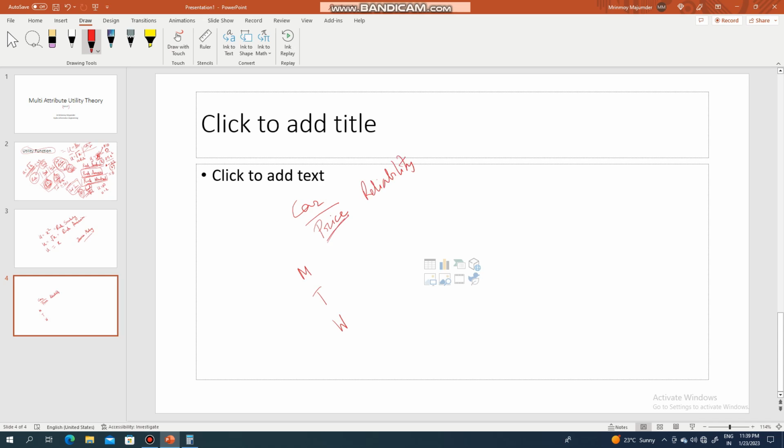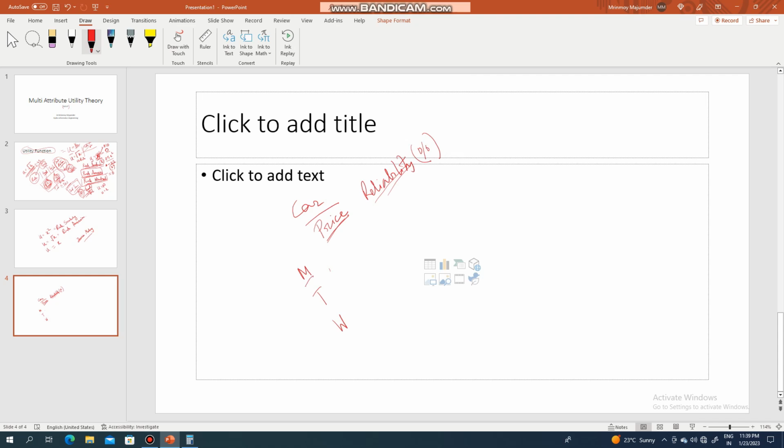So price is a numerical, quantitative function. Reliability is a qualitative function. But let us represent this reliability in terms of percentage. The higher the percentage, the more reliability. So based on the price and reliability percentage, you can rank these three options.